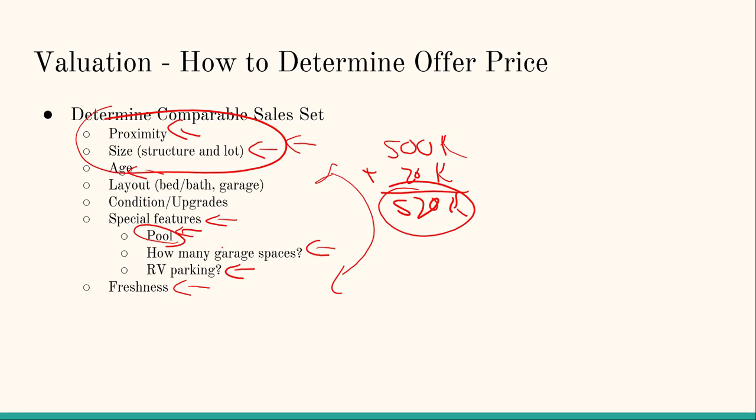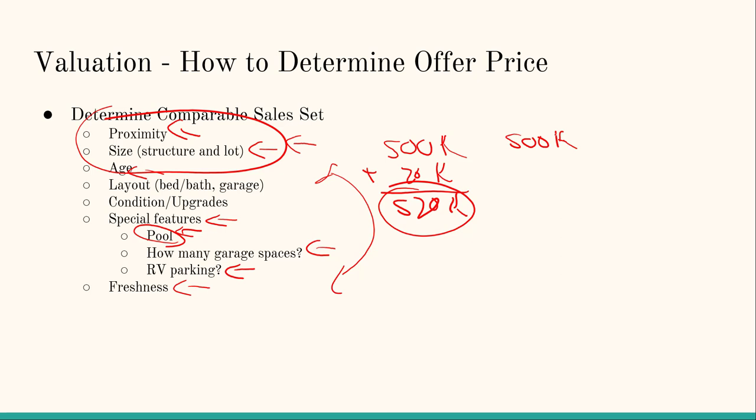Even the same thing with the garage. If you find a comp that has a 2-car garage and your property only has a 1-car garage, and the comp had sold for 500K, you may determine, through seeing other properties and getting a sense of the market, that an extra garage space is worth 10,000. Again, this is really related to following comps, getting a sense of the market.